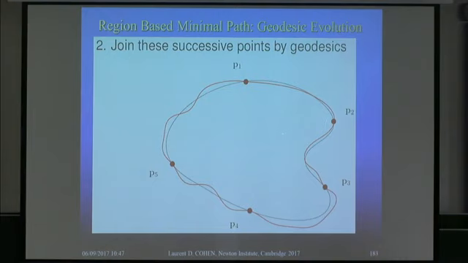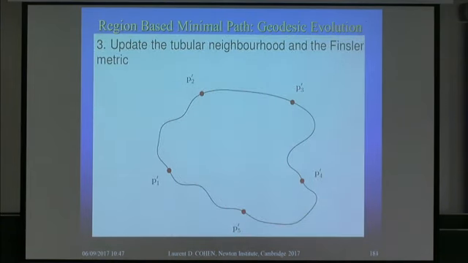So you get a new curve, and for this new curve, once again you don't see it, but you have to imagine a tubular shape around this red curve now, and you resample it, and you update the Finsler path.